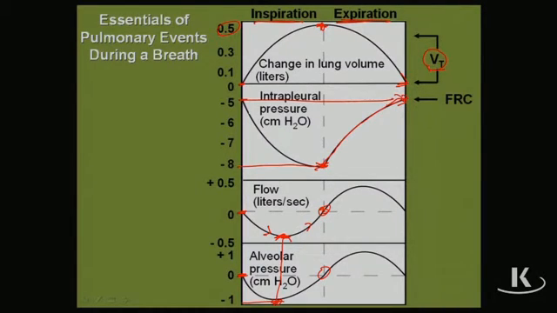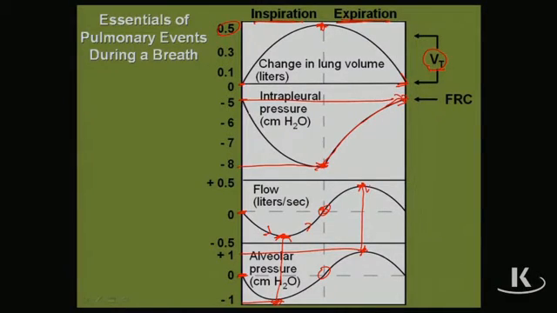Flow, again, notice flow is maximum during the mid-expiratory cycle, flow out of the alveoli. And this coincides with when the alveolar pressure is approximately +1. When the alveolar pressure is +1, the pressure gradient is the greatest. So this is when we will have maximum flow out of the alveolus. Of course, at the end of expiration, the alveolar pressure reverts back to 0.